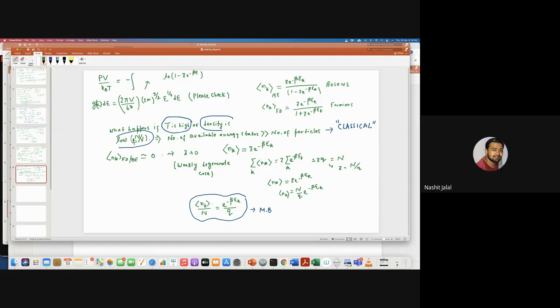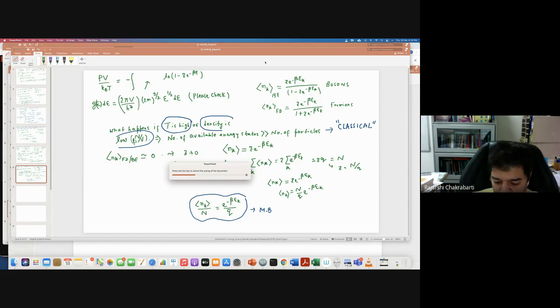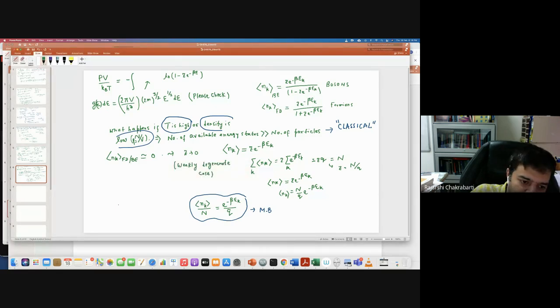Sir, could you please define fugacity? Like, in a physical sense, what does it mean? It is not very easy to explain fugacity because I need more classes. But what I can tell you is that fugacity is defined as Z equals exponential of mu by kBT. If fugacity goes to 0, I am going to the classical limit.